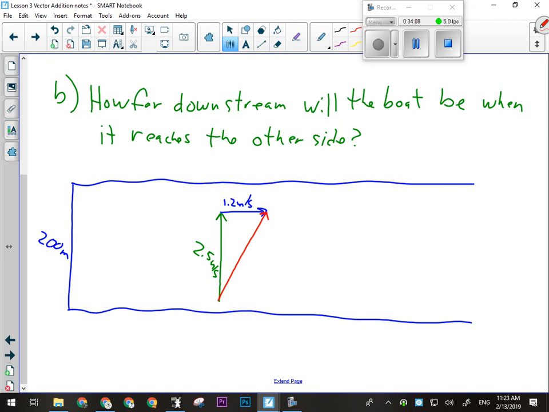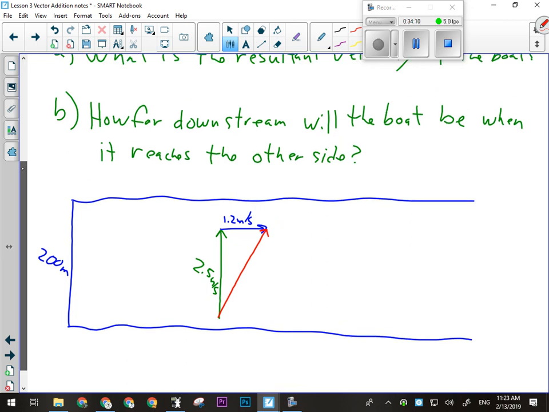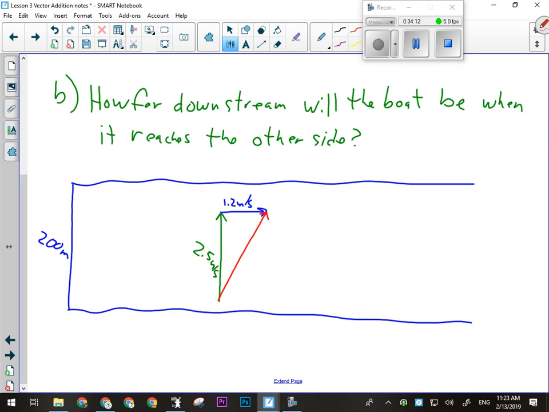So if I'm trying to find the resultant velocity of the boat, that's still the hypotenuse of this triangle, and I would calculate it in the same way we did all the other ones. The resultant velocity of the boat will be the magnitude of this line, and the direction will be this angle, which will be east of north.